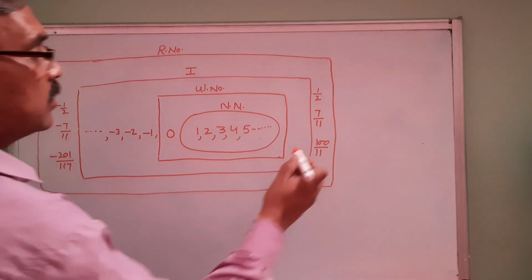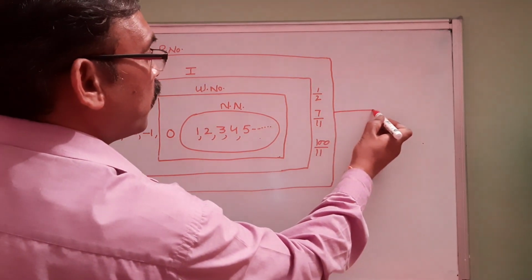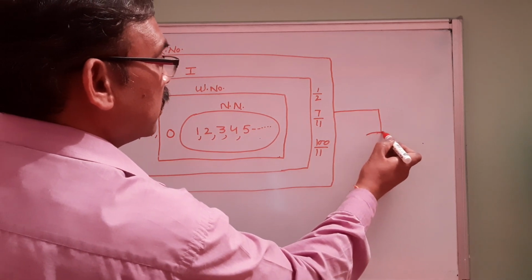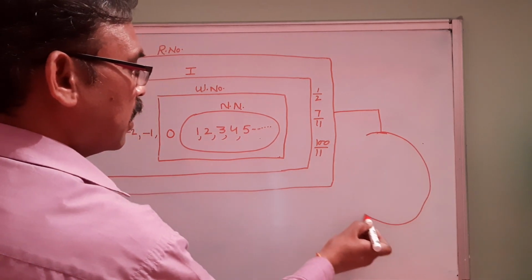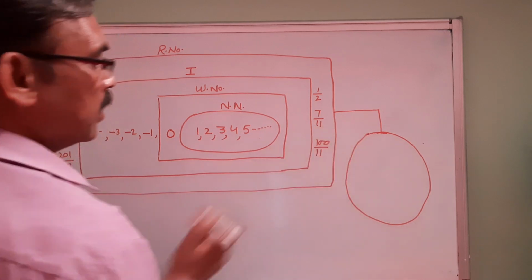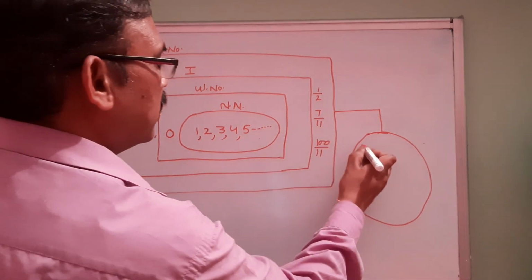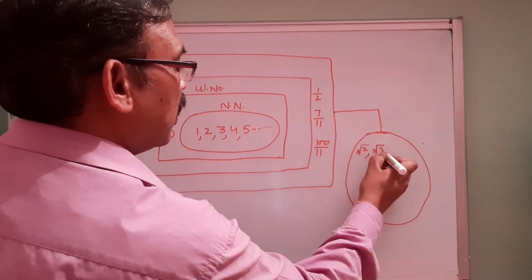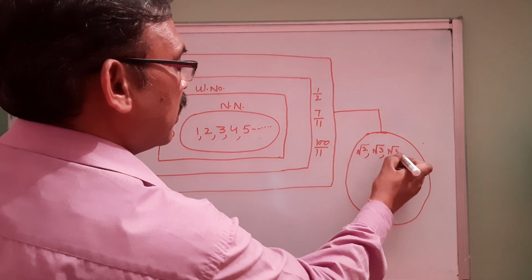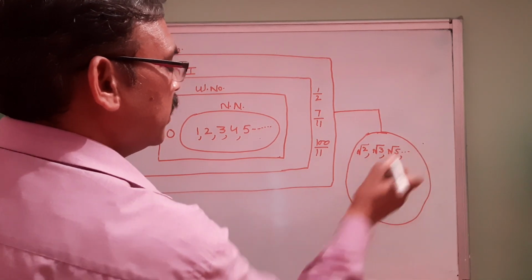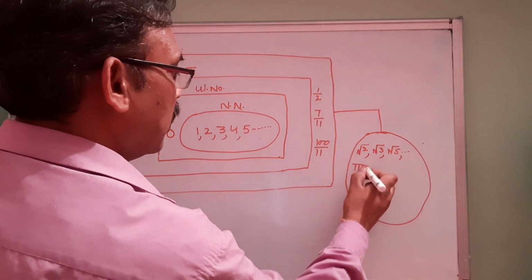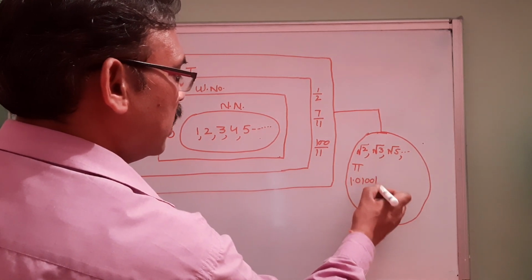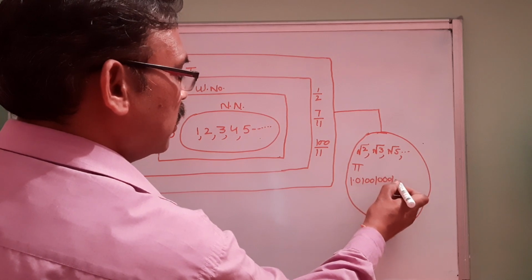There is some other class of numbers which I am writing here. They are not included here. They are special numbers. Their container is here like this. These numbers are like root 2, root 3, root 5, and so many can be there, pi, or sometimes a number like 1.01001000100001, and so on.